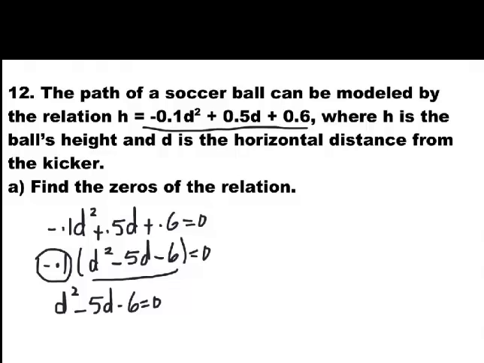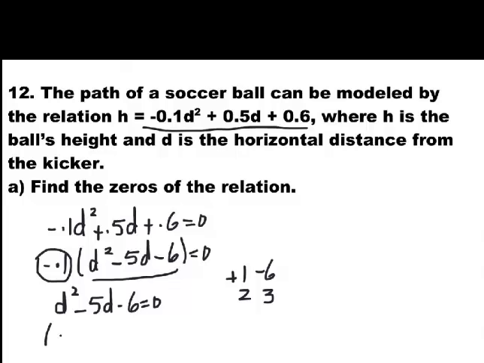Two numbers that the product is 6 are 1 and 6, 2 and 3. The product is negative and the sum is negative 5. So the pair that I have to pick is negative 6 and plus 1. Because negative 6 times plus 1 gives me negative 6. Negative 6 plus 1 gives me negative 5.